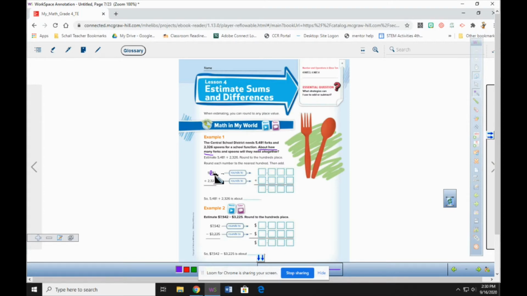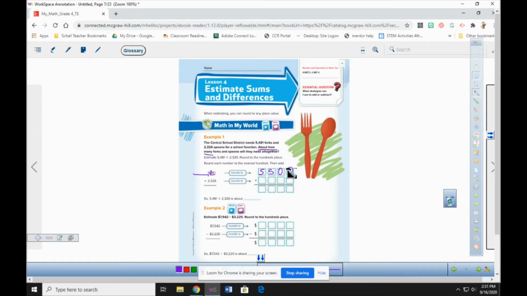Instead of a 4 now in the hundreds place, I'm going to have a 5. Anything that was to the left of my number, I'm going to write down exactly how it was. Everything that's to the right of my number, I'm going to make a 0. 5,481 rounds to 5,500.